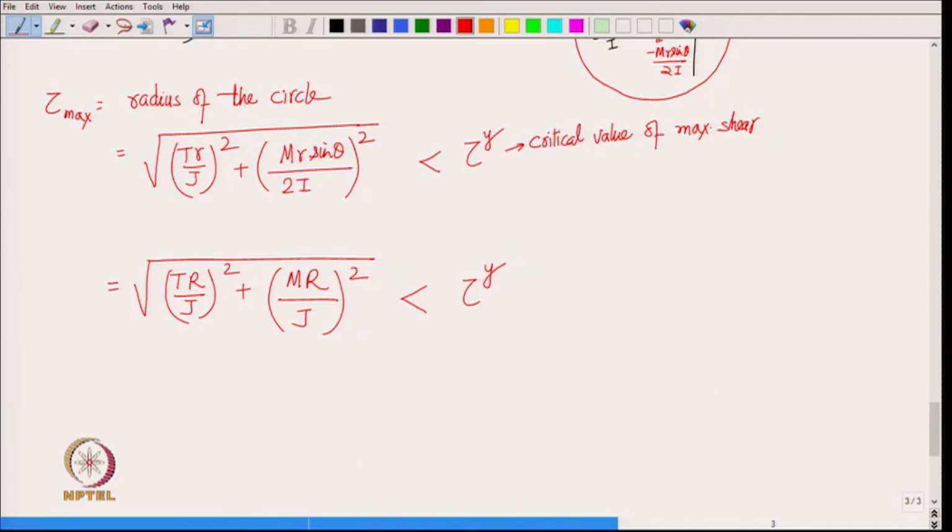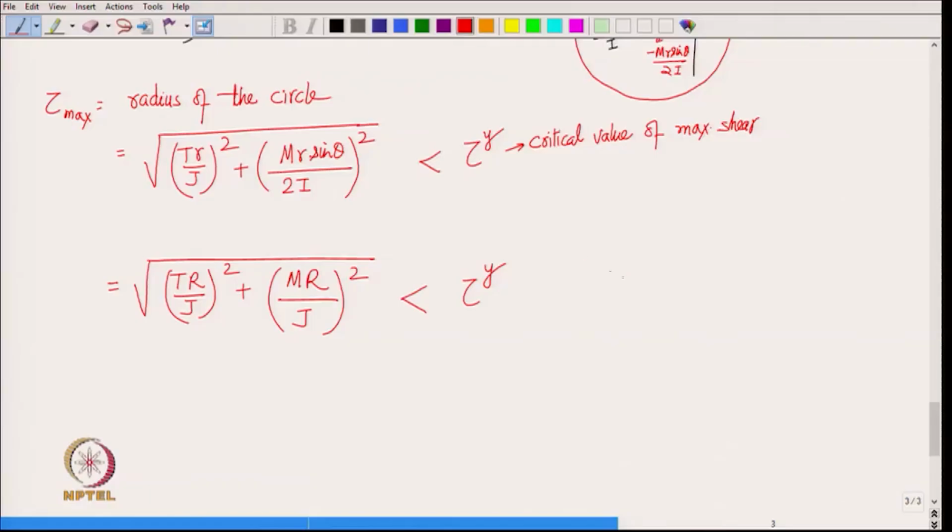Okay. Now, when we are designing this cylinder, we want to find out what should be the maximum values of torque and bending moment for which the cylinder will not fail. So, that has to satisfy this equation. So, any combination of torque and bending moment such that the left hand side is less than tau y, then it is a safe value for the applied load.